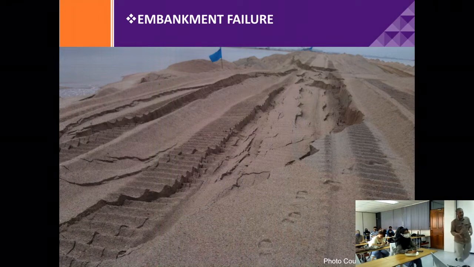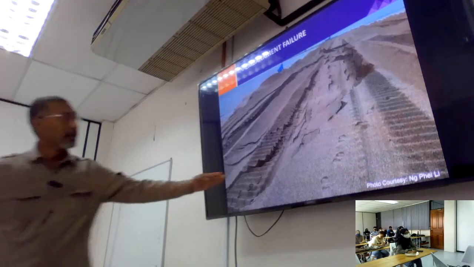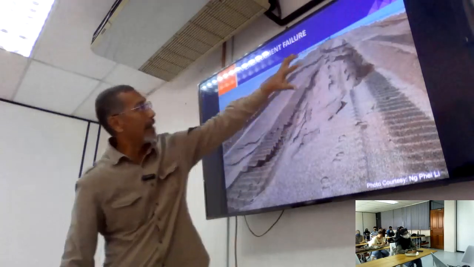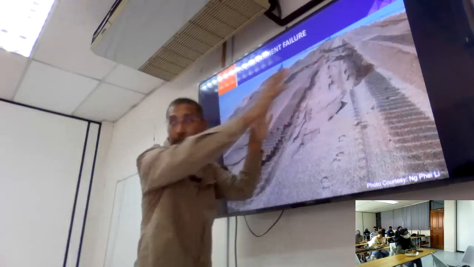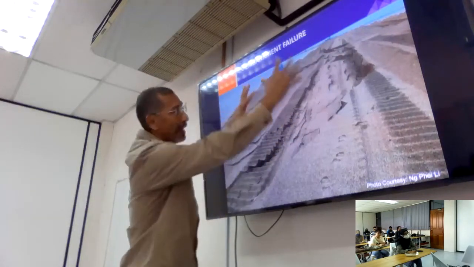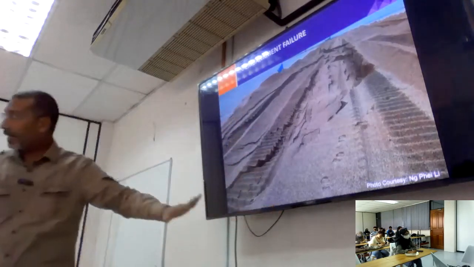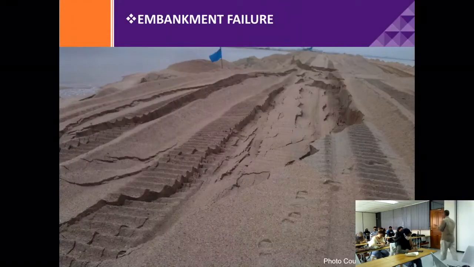But you can see here is an embankment failure. You see this line. There is a sliding. This portion of the reclamation is sliding to the left because of the failure of the soil below the embankment to support the work done here.